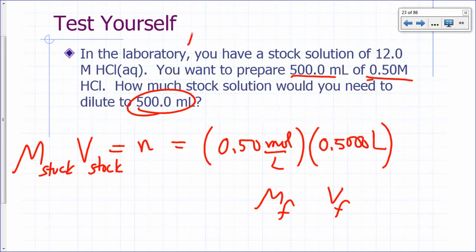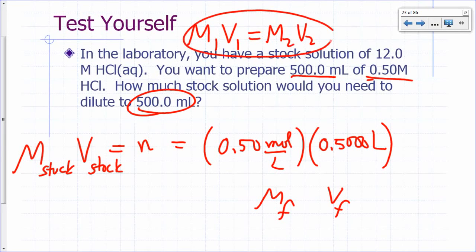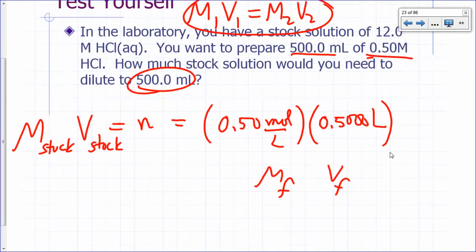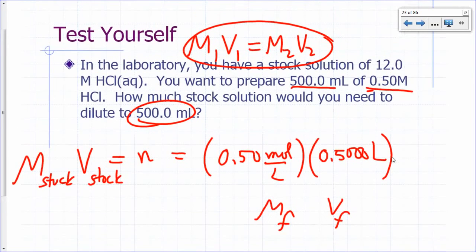So in other words, when you're doing a dilution, you can say M1V1 equals M2V2. This is called the dilution formula. What this is basically saying is the number of moles of solute in the stock solution must be equal to the number of moles in the final solution, because once you've taken the stock, all you're doing is adding more water. So what's the molarity of our stock solution? It's 12, right?